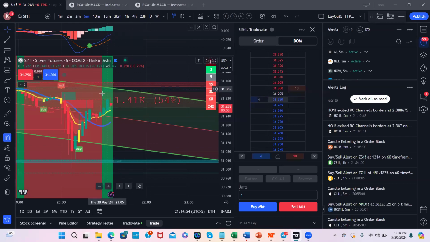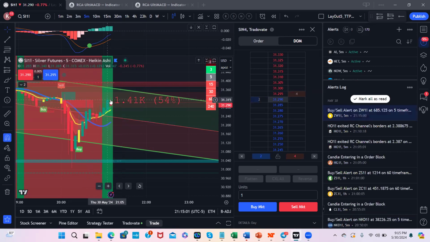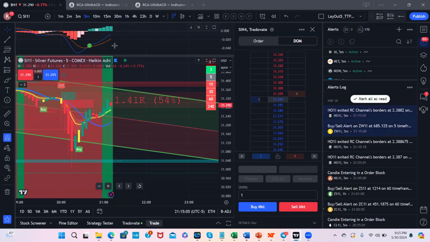There is a big sell order block here, but it is still a little choppy, going up and down. We are waiting for it to start coming down. Once it starts dropping, and if we get a sell signal, we can easily make another $200-300 minimum.